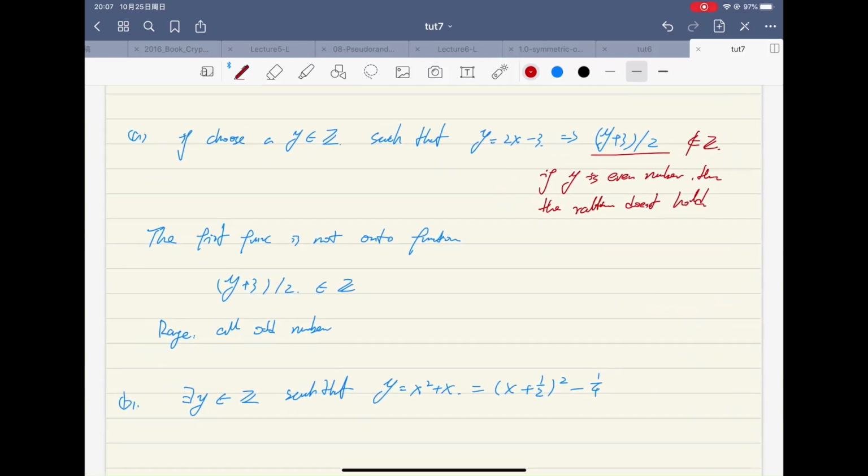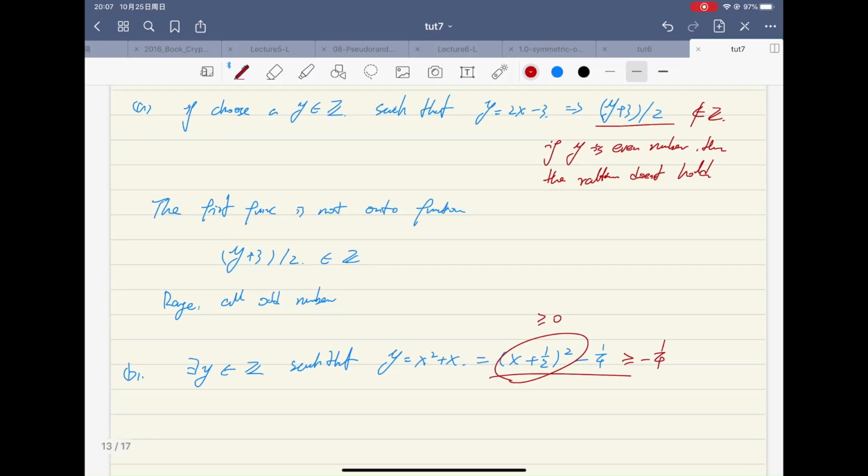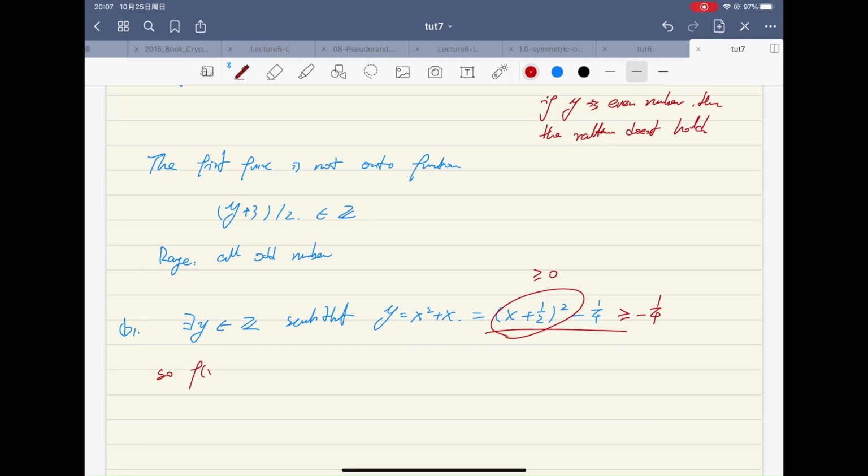And as we know, the squared part can only be greater than or equal to 0. So the whole function must be greater than or equal to minus 1/4. So f(x) must be greater than or equal to negative 1/4.